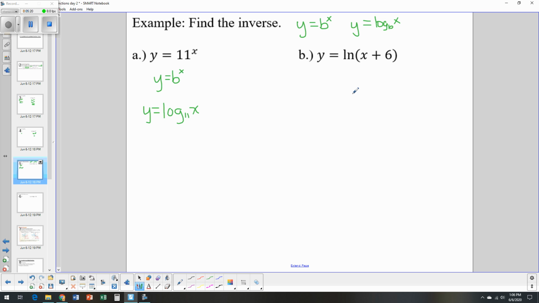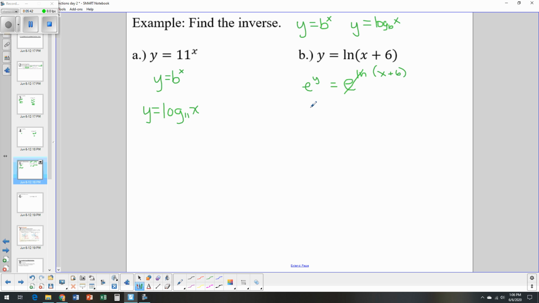So that's what we're going to do here. If I do e to the natural log of x plus 6, these two things cancel each other out. But what you do to one side of an equation, you have to do to the other, so I'm also going to put y as that.